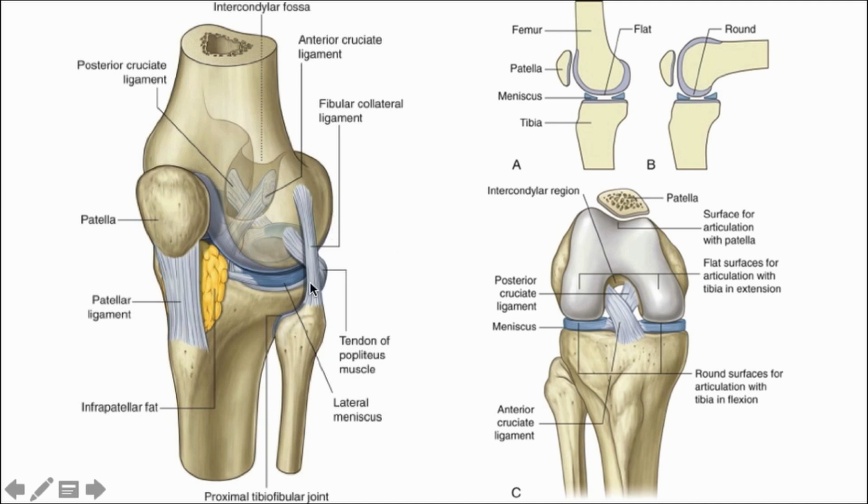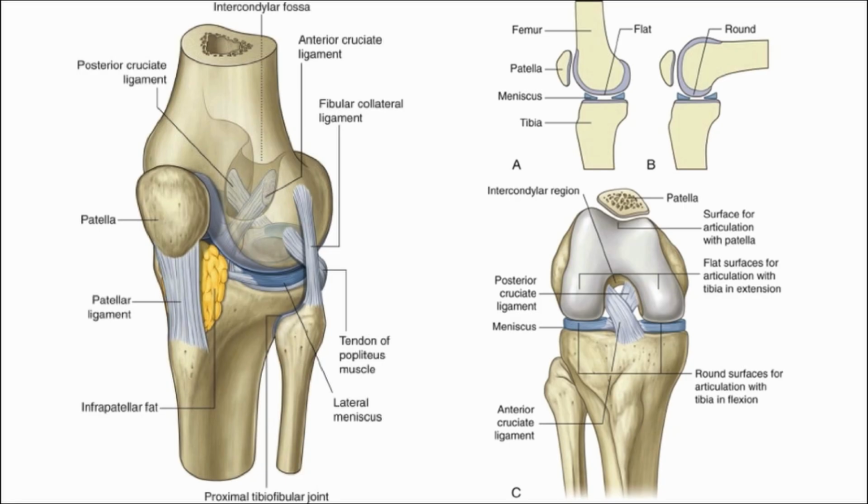So you have the fibular collateral ligament and the tibial collateral ligament, or the MCL and LCL, as we call them a lot. The collateral ligaments hold the joint together, stabilizing it on the two sides.